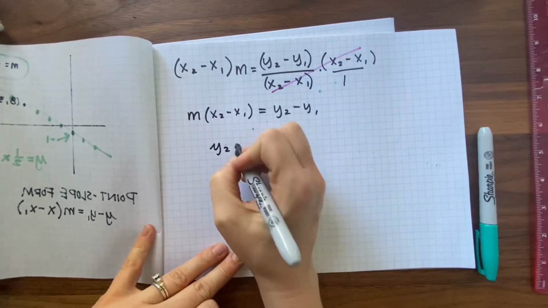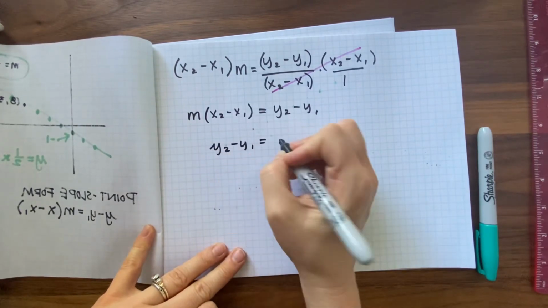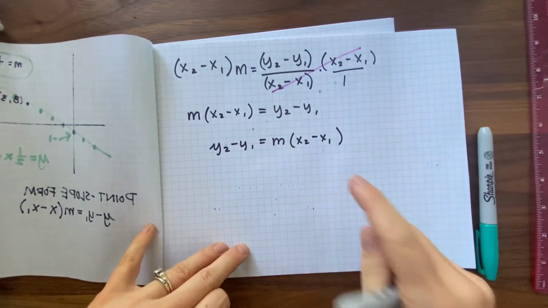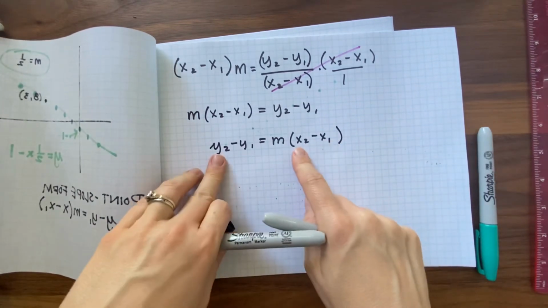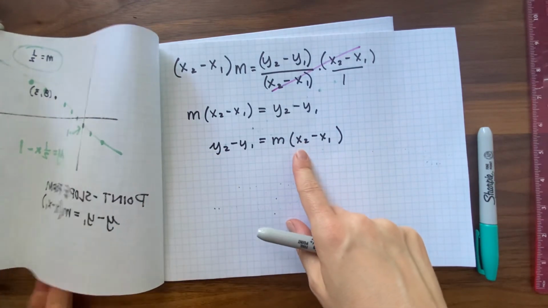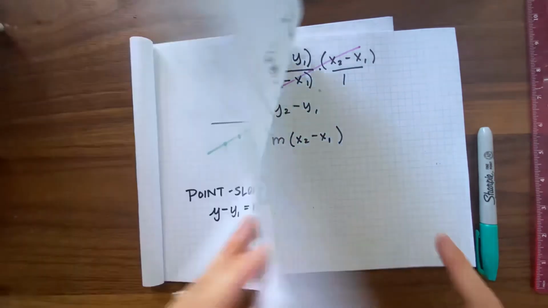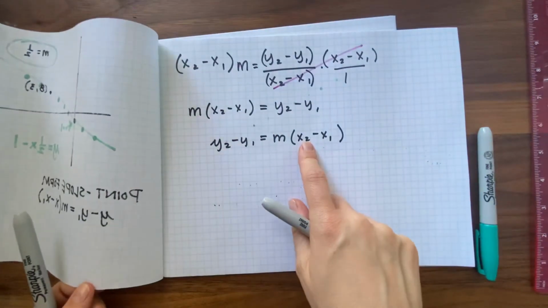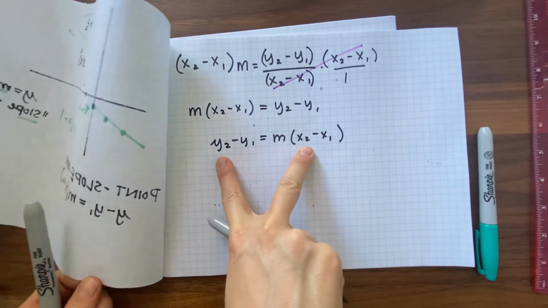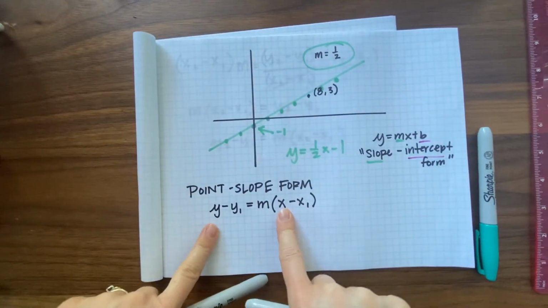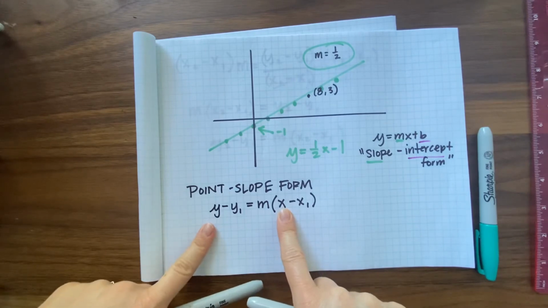So I'm going to rewrite this: y2 minus y1 equals m times x2 minus x1, where x1, y1 and x2, y2 both represent points. Do you notice that this looks strikingly similar to this? The only difference is that instead of x2, y2 representing a point, it represents any point on the line, x y.